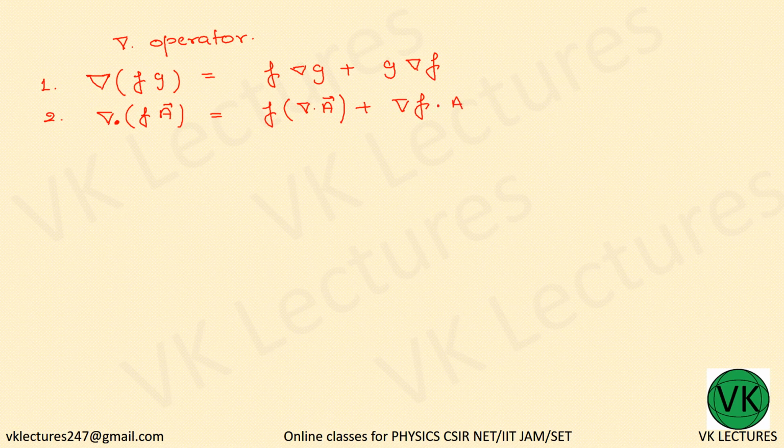In this term, you must remember that you are going to get a scalar, so each term separately must be a scalar. Okay, so del cross f a, here you are going to get a vector, is f into del cross a plus del f cross a.